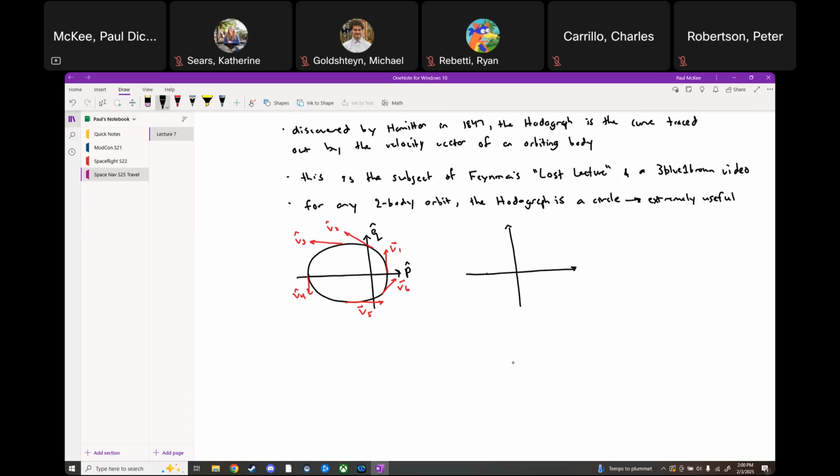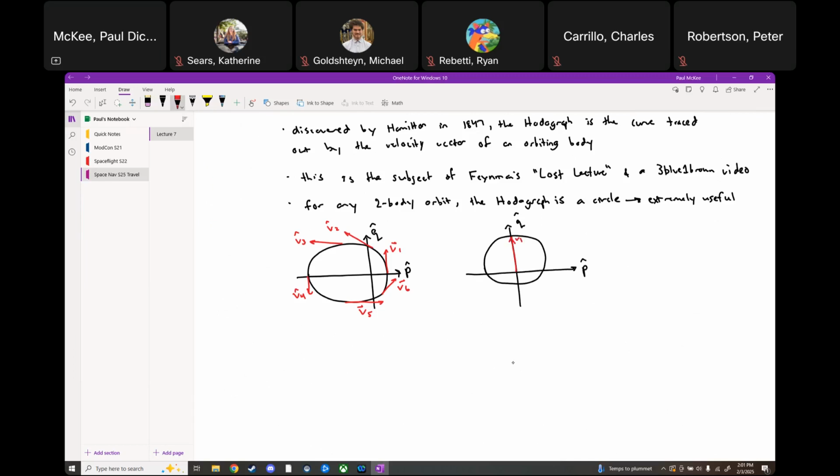You would get a circle. Now, it is not a circle centered at the origin. What you would find is that your periapsis velocity would be right here.